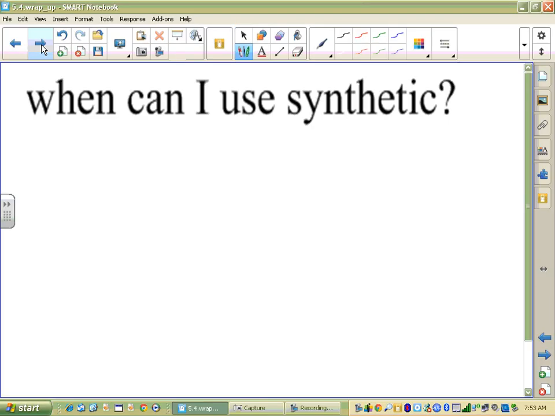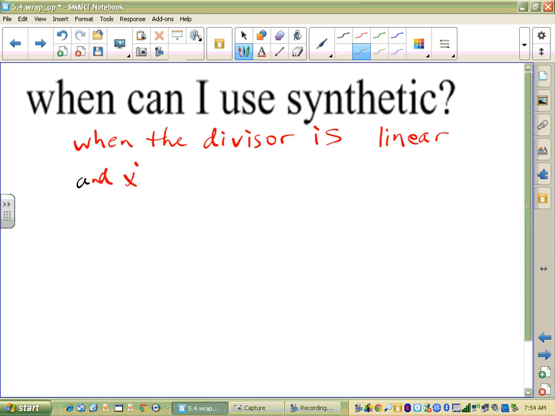Okay. So synthetic division. Remember, you can use this when the divisor is, anybody remember it? It's linear and x's coefficient is 1.